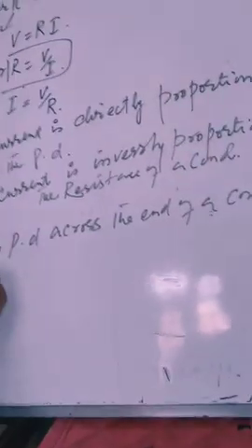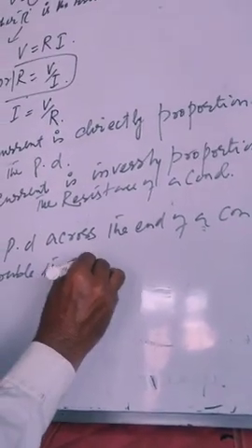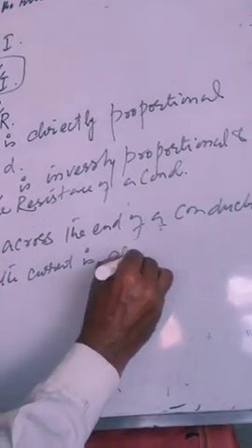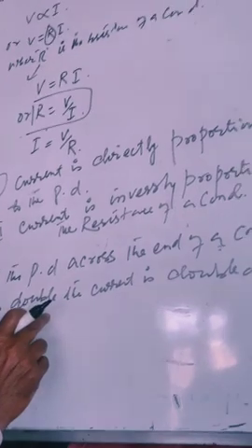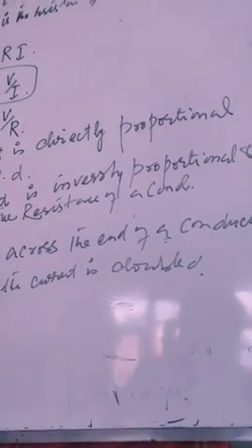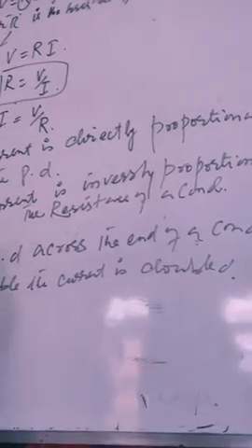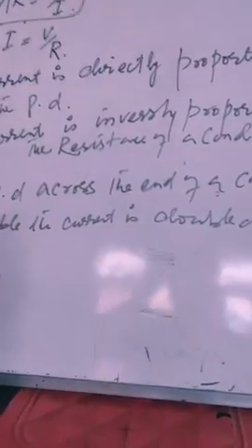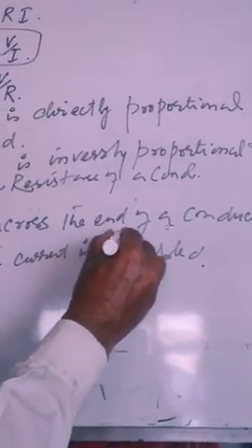is doubled, the current is doubled. If the potential difference across the ends of a conductor is doubled, then the current is also doubled.